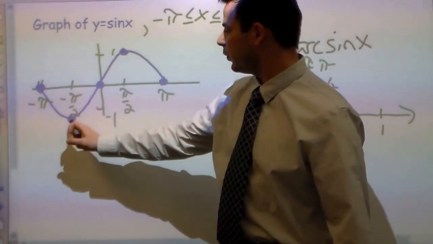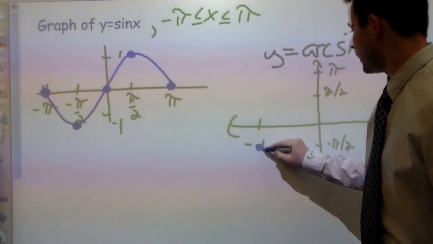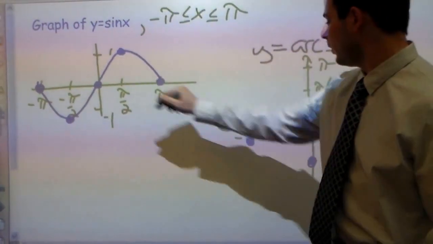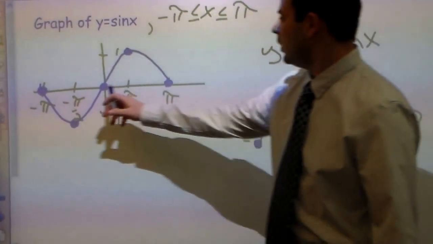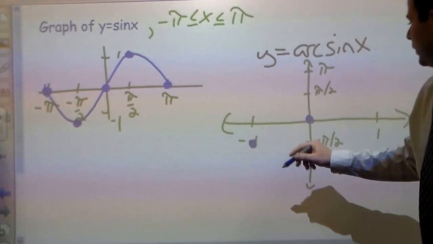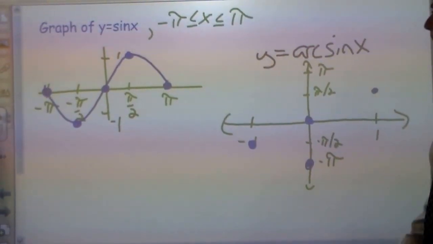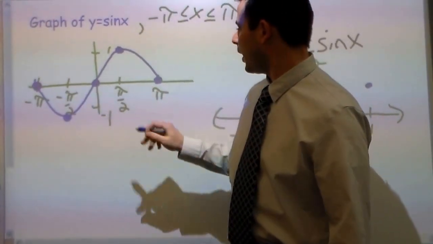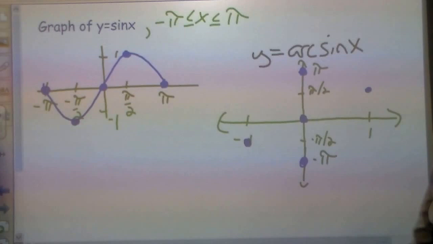We had negative pi over 2, negative 1, so we're going to have negative 1, negative pi over 2. 0, 0 stays 0, 0. Pi over 2, 1, so 1, pi over 2. Again, I'm just interchanging x and y here. And then pi, 0, so 0, pi. So now we have to connect it.